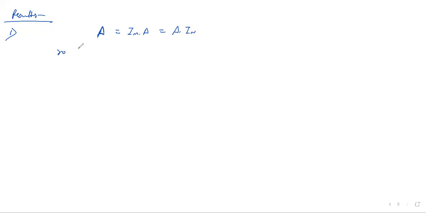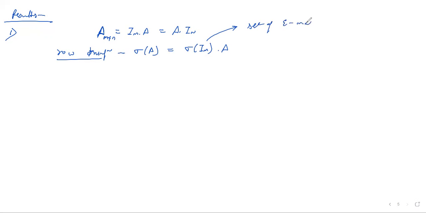Now A is of M cross N. If we look at the row transformation, then the row transformation on this matrix A is equal to the same transformation on the identity matrix of M order, into A. This is the pre-multiplication with the corresponding elementary matrices obtained from the unit matrix.